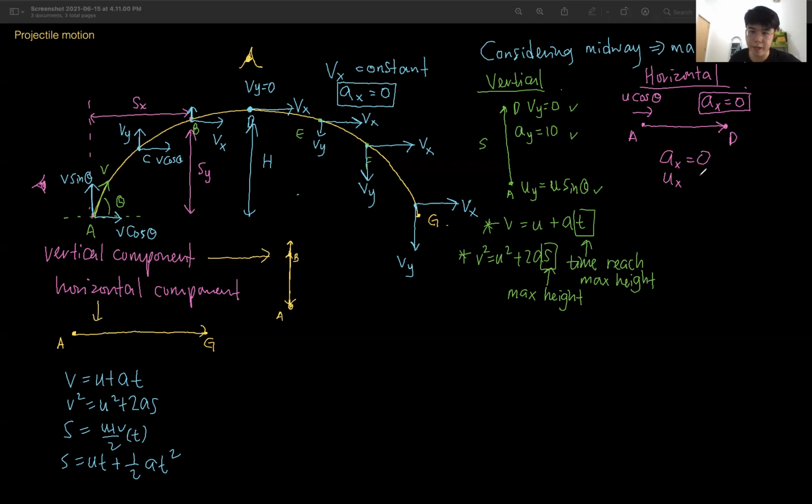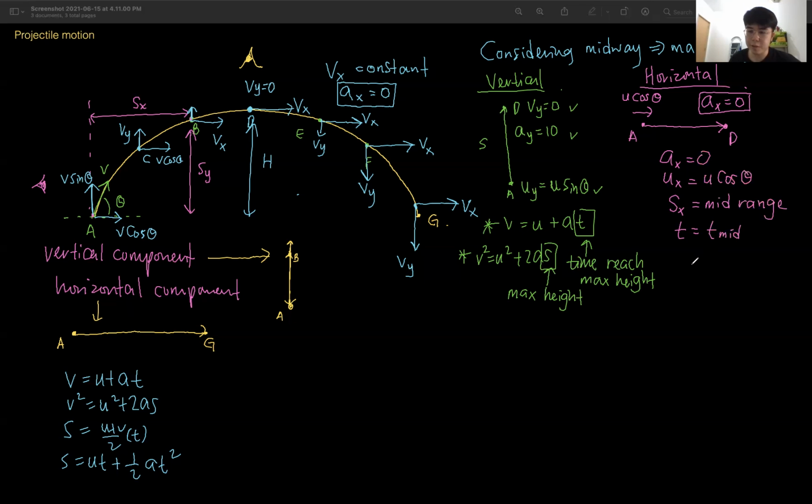ux is U cos theta. sx is your distance A to D, which is the mid range. And then the time would be the time to reach the midpoint.